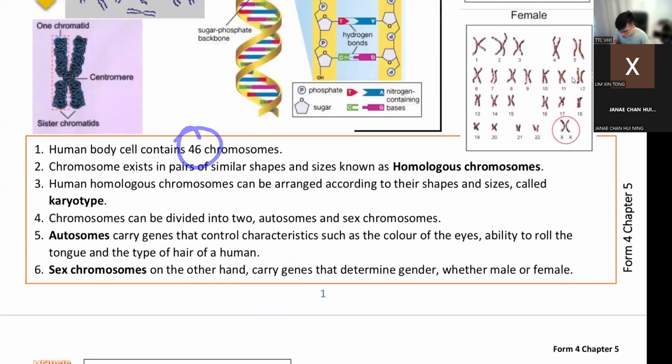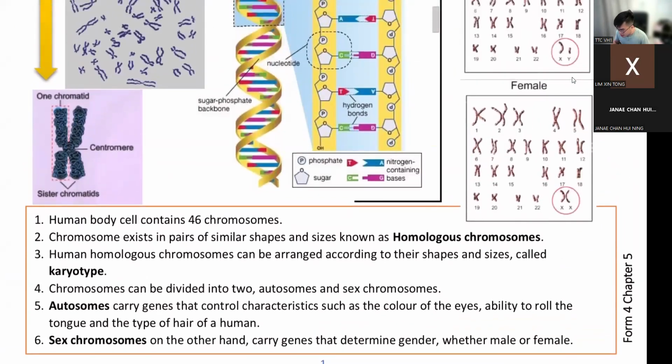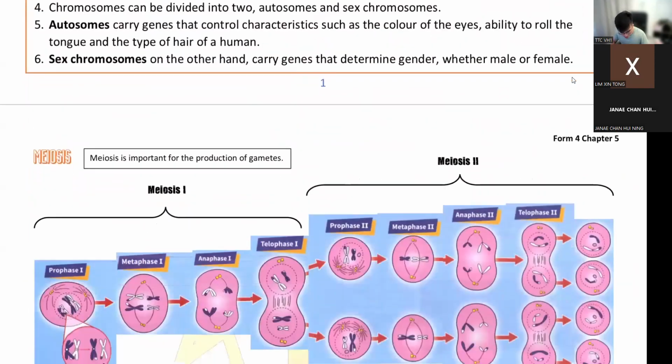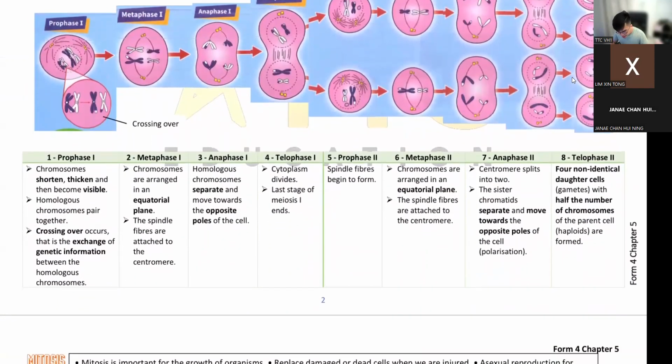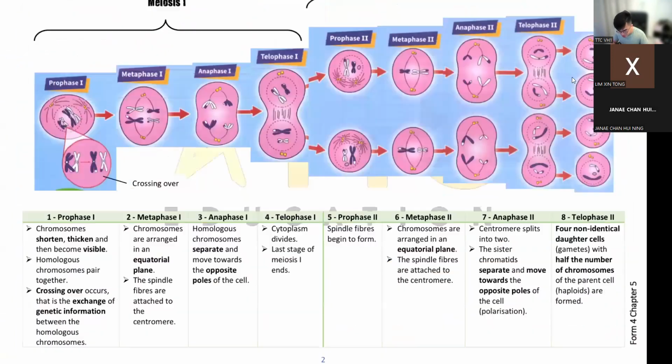We have 46 chromosomes. The first 22 pairs are your autosomes. The last pair is your sex chromosome. It determines your gender. Remember that? And then we have finished mitosis.